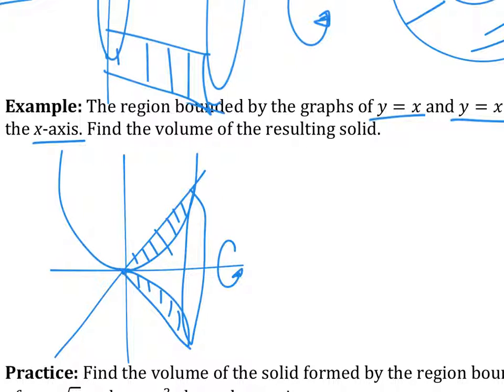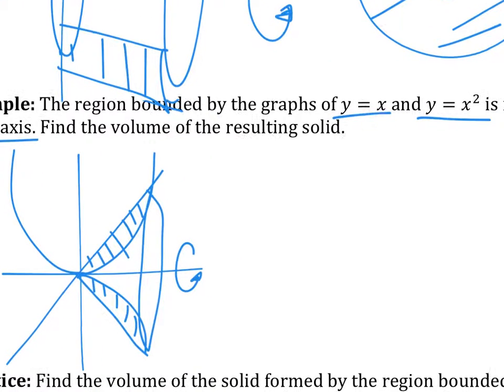So if you look at it from the front, it's like a cone with some kind of curve inside. What's the outside radius?